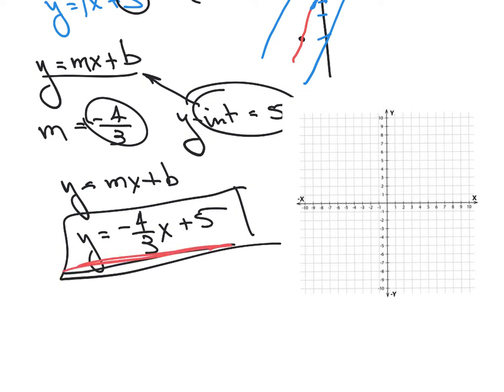My y-intercept, or where it crosses the y-axis, is at 5. Then if you remember, this is the slope, and the slope is always the change in y over the change in x.